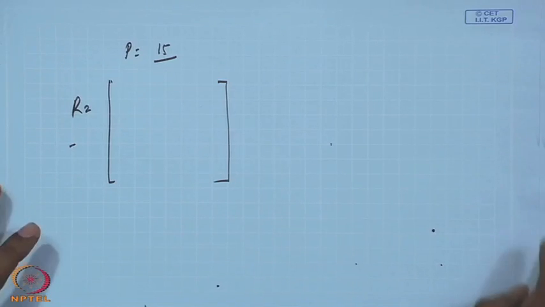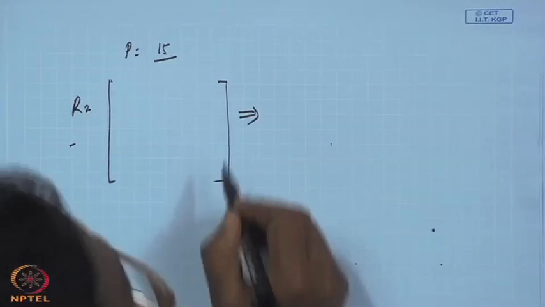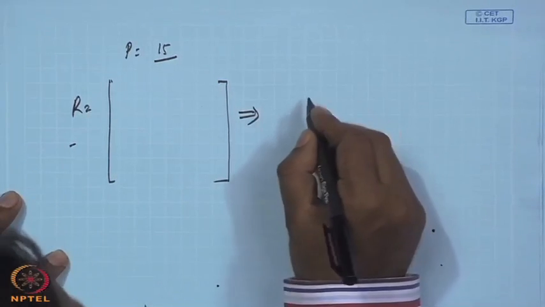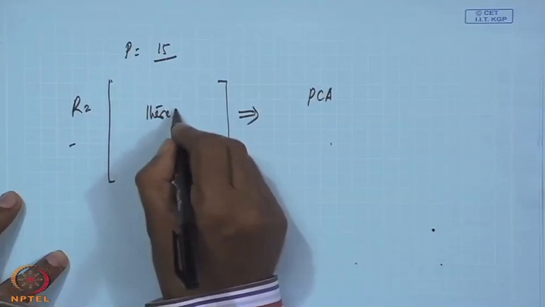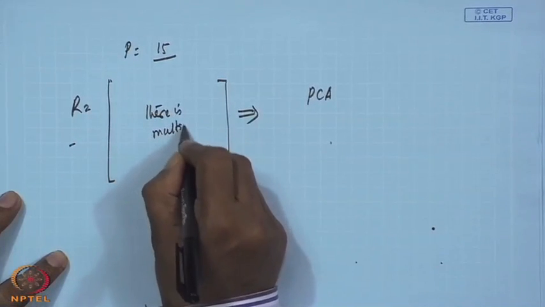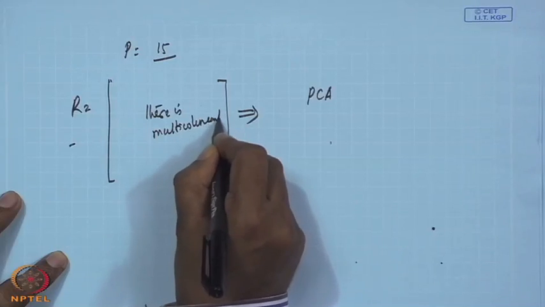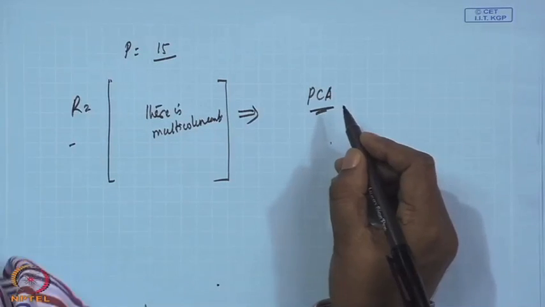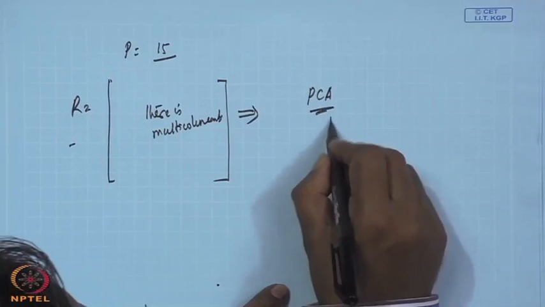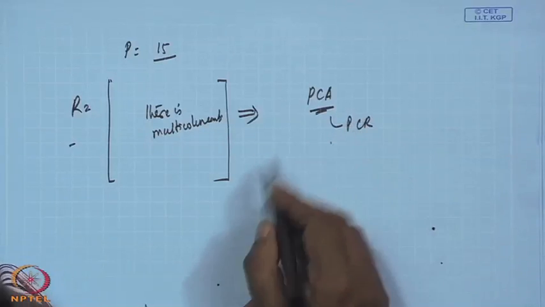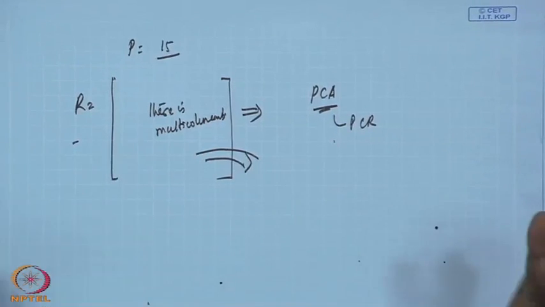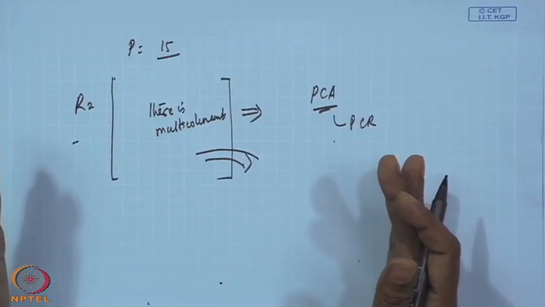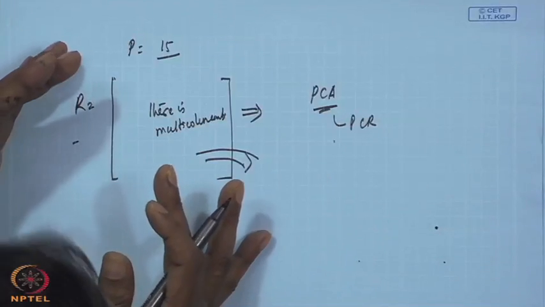Fine. Then what are the solutions? One solution is principal component analysis when there is multicollinearity. So, principal component regression you can go for. That means you reduce the dimension, then find out the lambda values that are significant, and only those components you take.